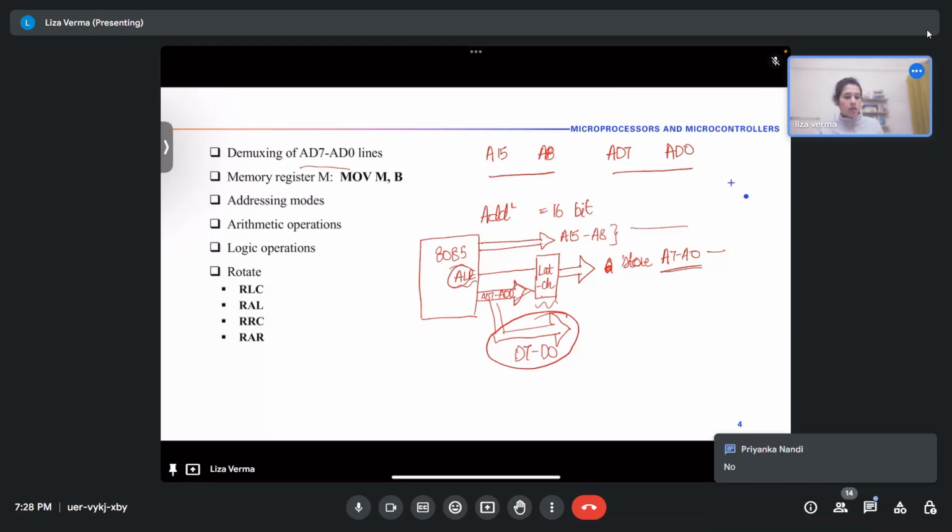Okay then. Priyanka, what is not understood? Can you please unmute yourself? No, no, I have understood. No need to explain it again. I have a doubt in memory folding actually. Okay, sure. We can discuss it in the end.